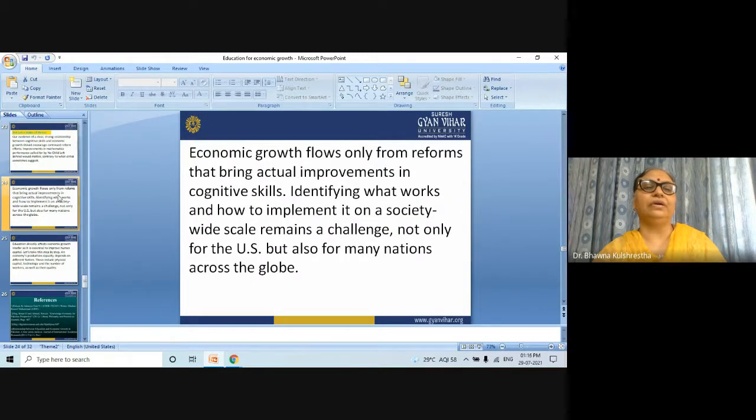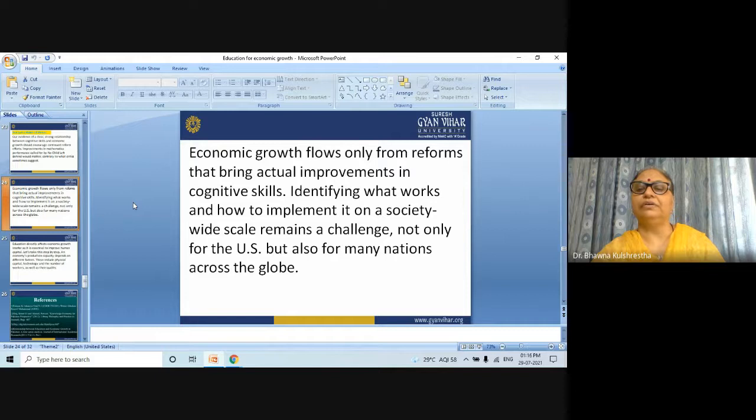And economic growth flows only from reforms that bring actual improvements in cognitive skills.